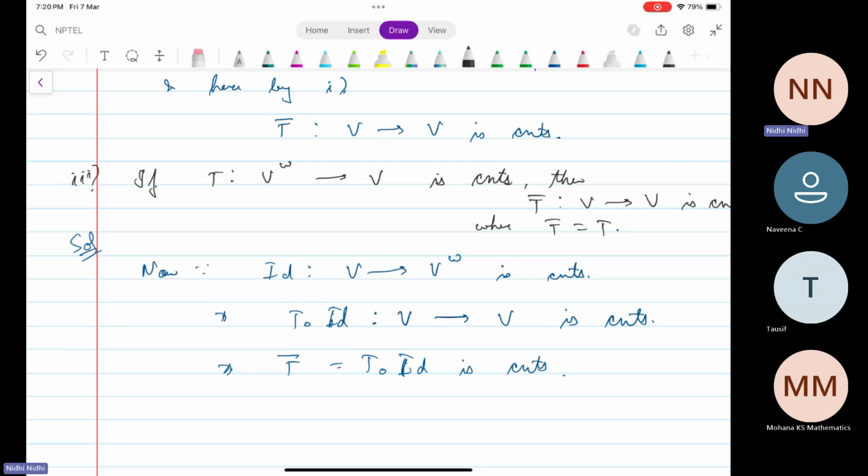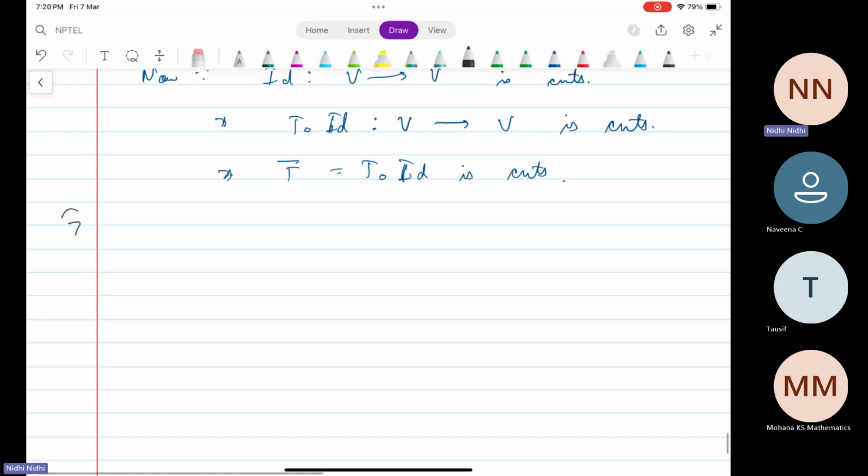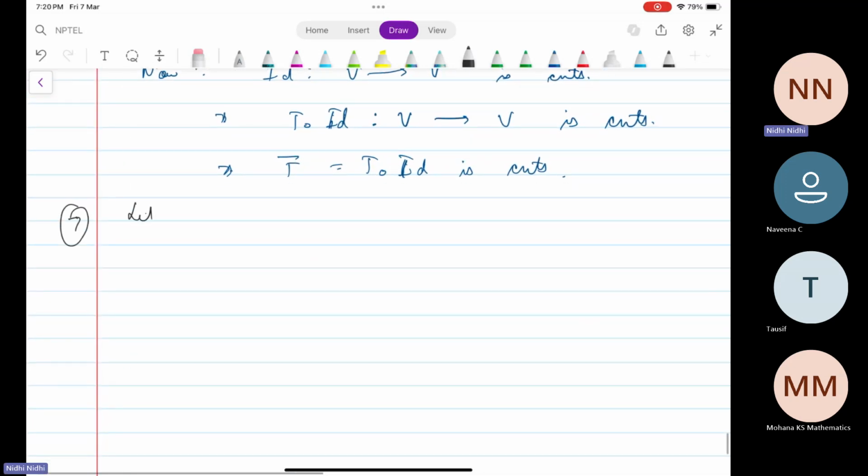Now let's look at some weak convergence. Question 7. Let en be the sequence that has 1 at the nth position and 0 elsewhere.